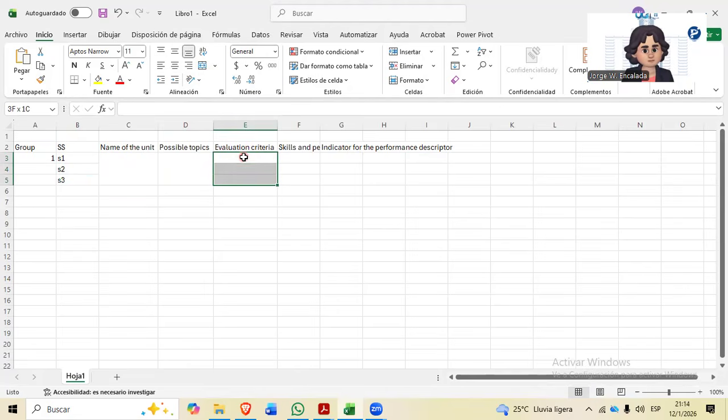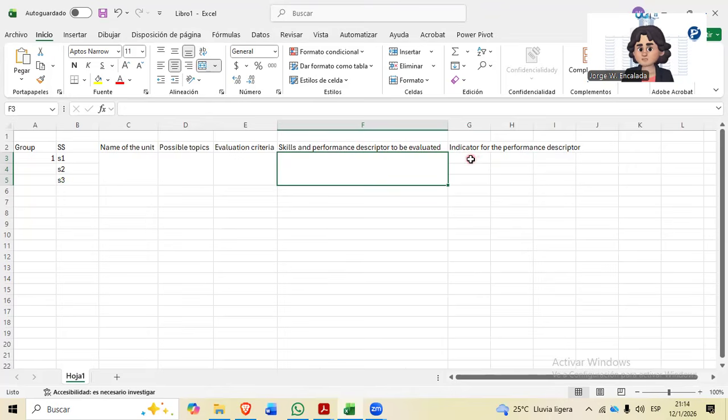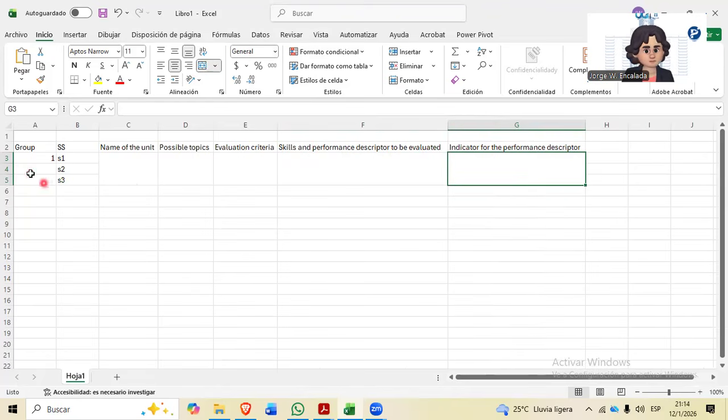Here you are going to copy and paste the evaluation criteria with the code, the skills and performance criteria, the skills and performance script to be evaluated, and the indicator. So you're going to copy and paste it, okay? This is really important for the project.